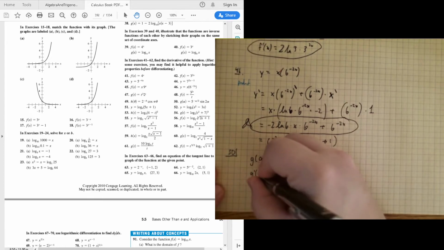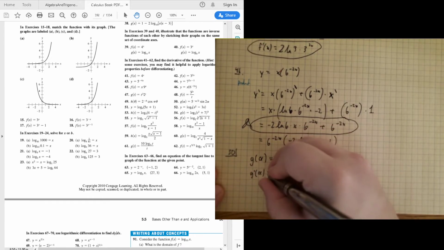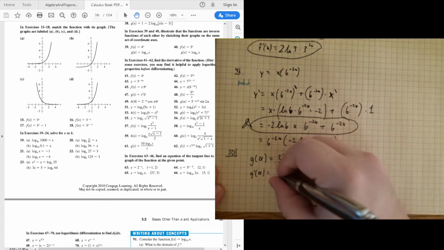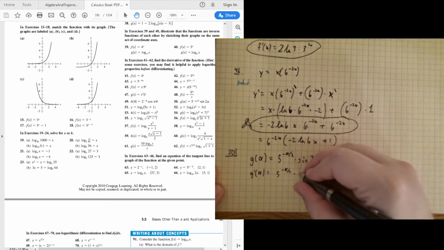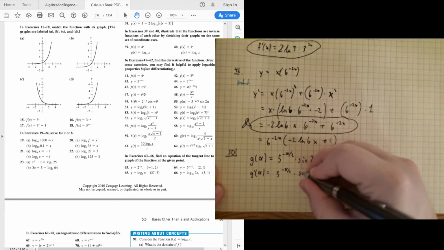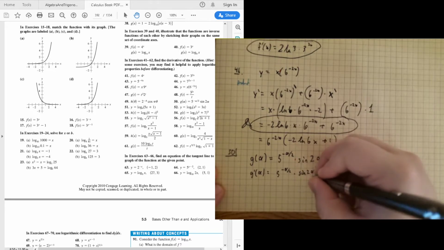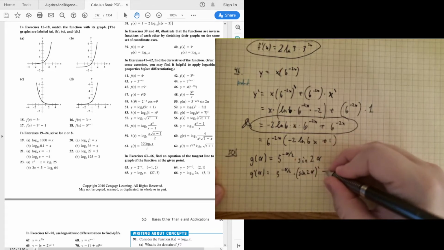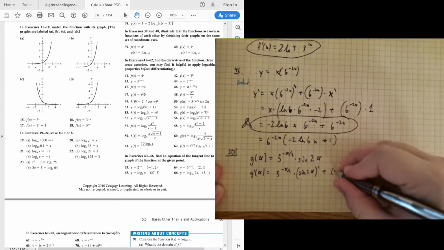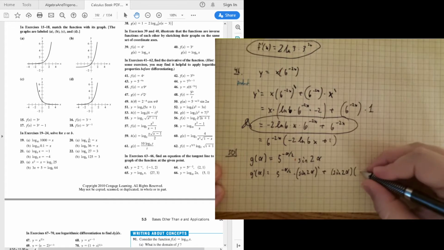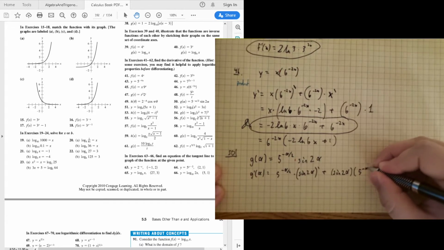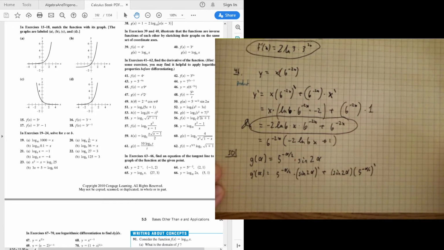G prime of alpha. So I would do left, 5 to negative alpha over 2, times the derivative of the right, which would be sine of 2 alpha prime, plus the right, which is sine of 2 alpha, times the left, which would be 5 to the negative alpha over 2 prime.